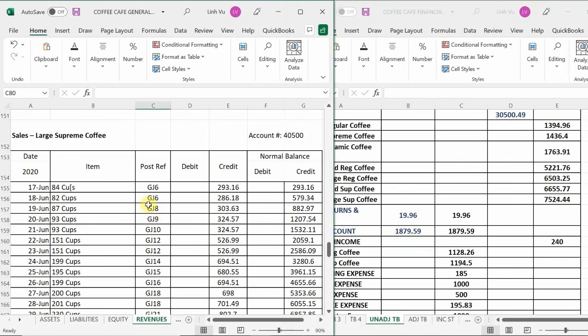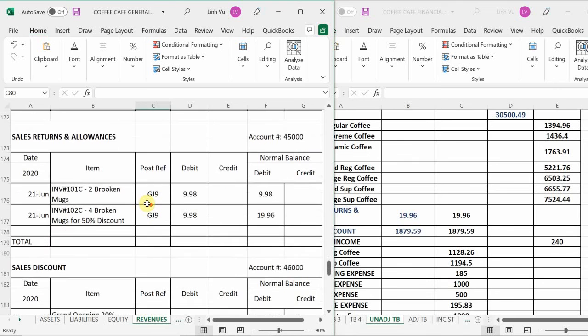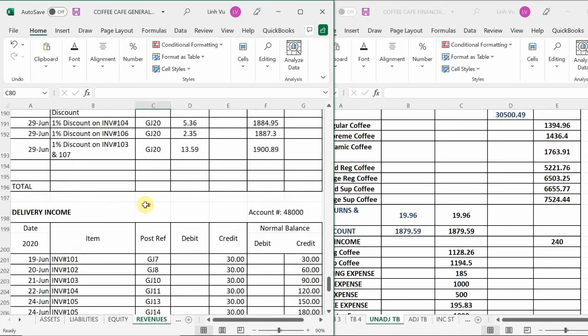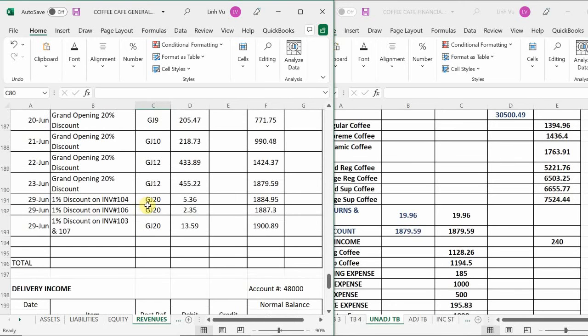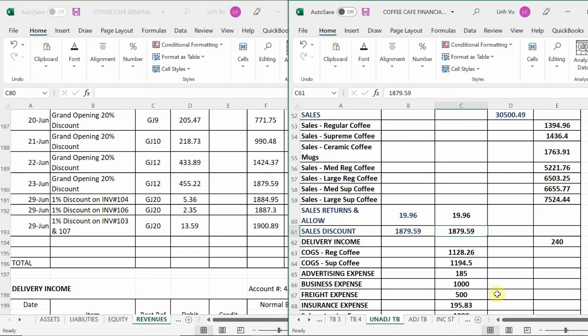So sales returns and allowances, let's see how much we have. We have a total of $19.96, which is correct. And then sales discounts is now 1,989 cents. Okay.